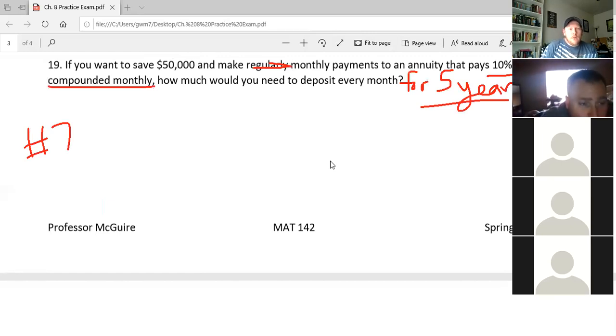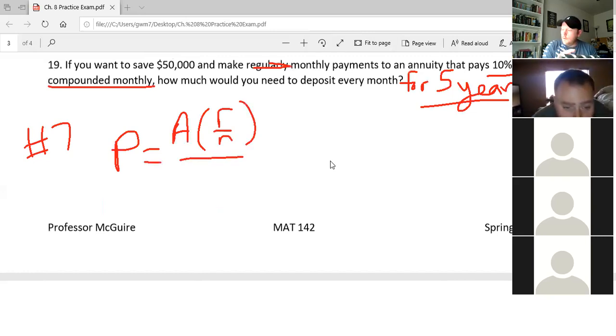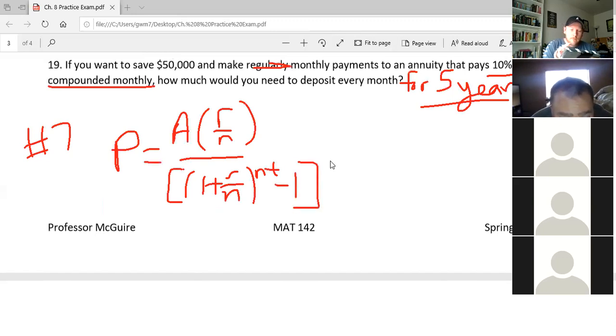Now, instead of the value of the annuity, we want to know what are the payments that you would have to make. So P equals A times R over N, over 1 plus R over N to the NT minus 1.